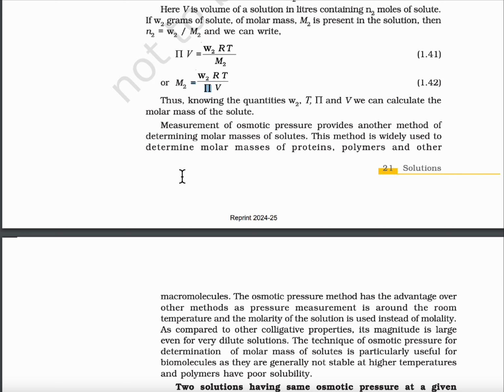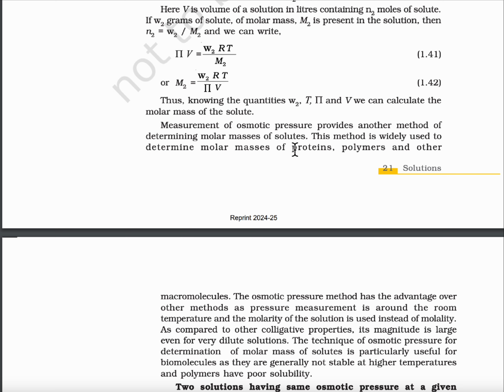Like how we saw that through the relative lowering of vapor pressure we can find the molar mass, similarly, by the expression of elevation of boiling point and through the expression of depression of freezing point, we can find the molar mass of the solute. Similarly, we have got another method, that is finding the osmotic pressure method. That method will provide another way to determine the molar mass of the solute.